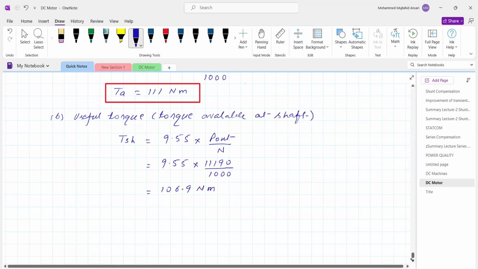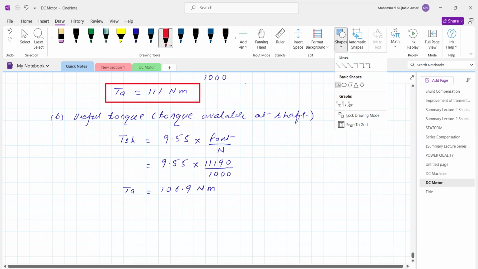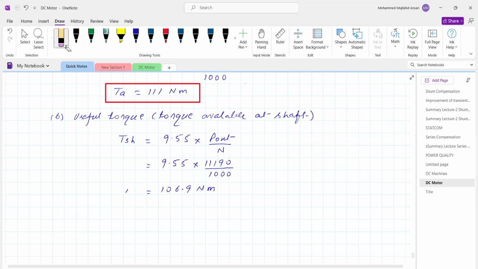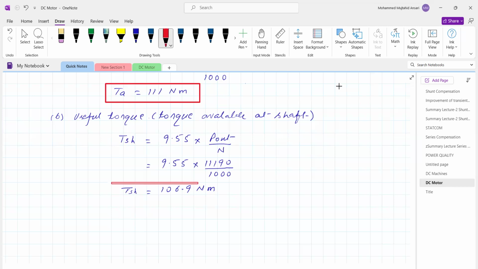Newton meter. See here, the armature torque is greater than the torque of the shaft. This is TSH. So the shaft torque is smaller.